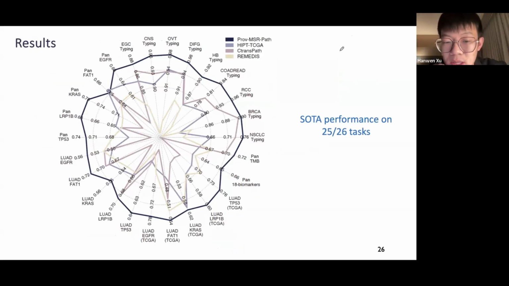So this radar plot summarizes the improvement in performance of our model compared to other state-of-the-art baselines. Here we evaluate our model across 26 tasks, including the cancer subtyping task and also the pathomics tasks.